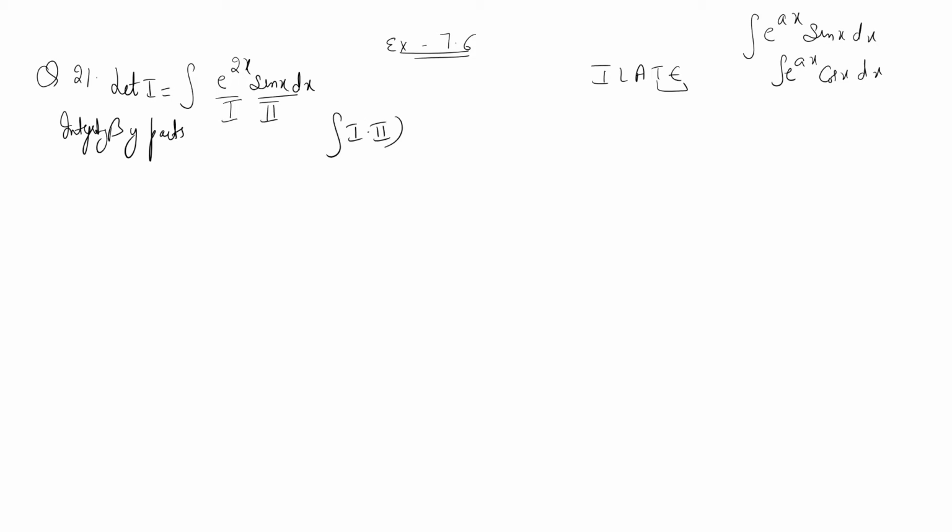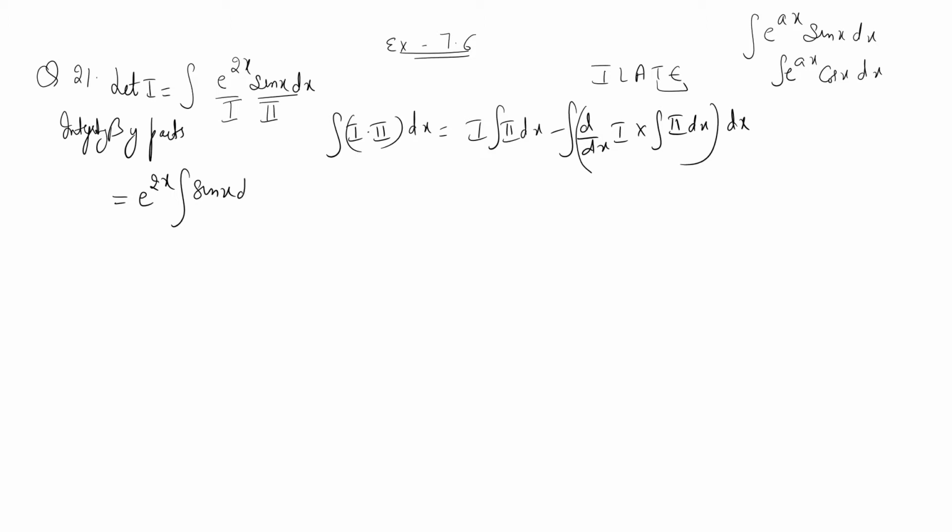First function, second function: it is first function into integral of second, minus integral of d/dx of first into integral of second, and all of this again dx. Okay? In that way it will become e raised to power 2x into integral of sin x, minus integral of d/dx of first, which is e raised to power 2x, into integral of second, and this whole dx, right?